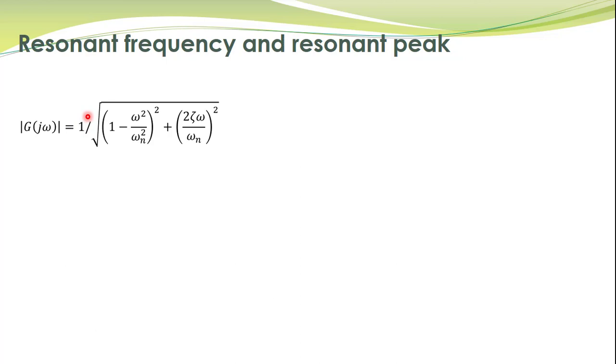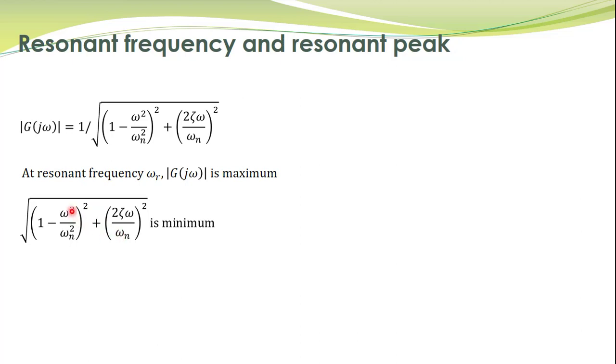So instead of taking the derivative of this magnitude, we can take the derivative of the denominator to determine the minimum of that denominator function. And we can even omit this square root. Why? Because when the term inside the square root is minimum, at the same frequency this term in the denominator will be minimum.